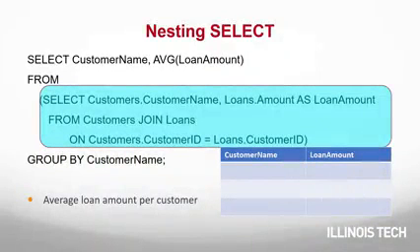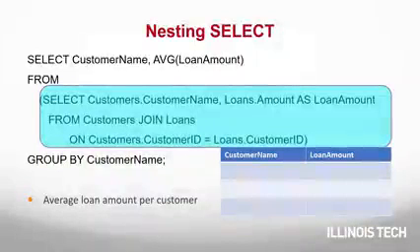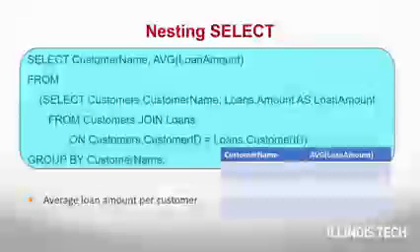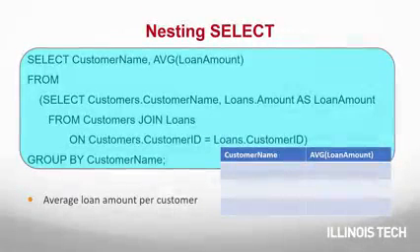And I'm going to rename loans amount to loan amount in the result. So now I have an intermediate temporary table with two fields, customer name and loan amount. I can then say, select the customer name and the average loan amount from that intermediate table, and I'm going to get the kind of result that I want. I'll get the average loan amount for each customer, no matter how many loans they have.